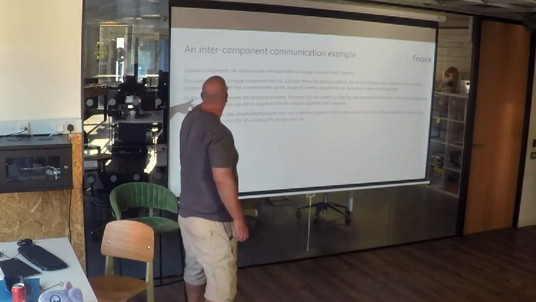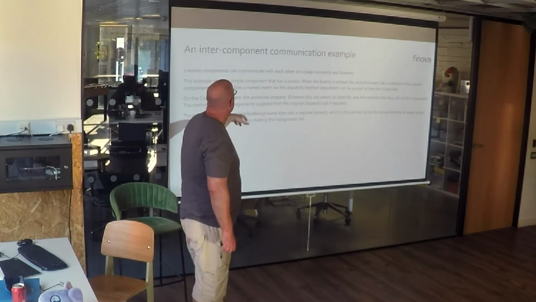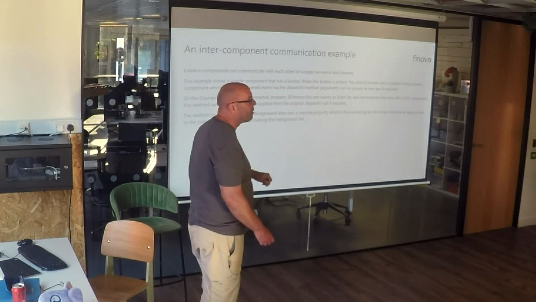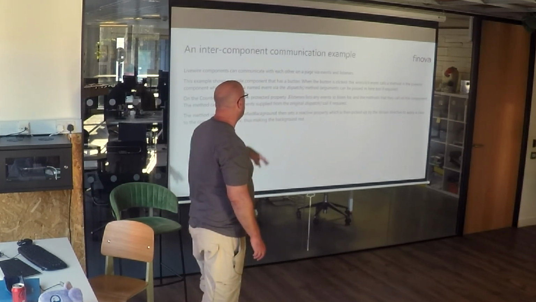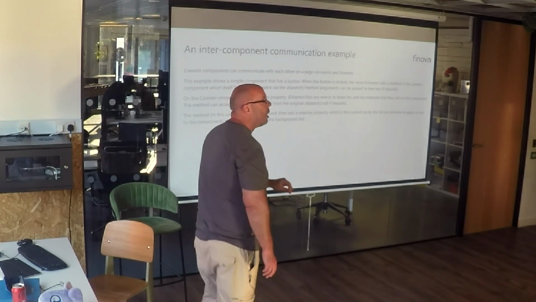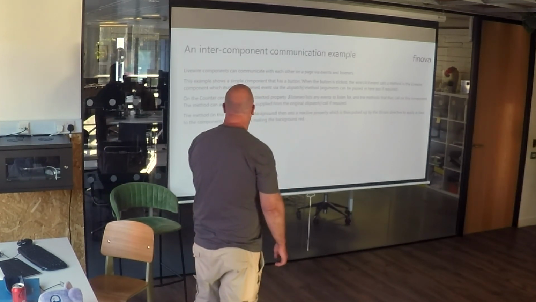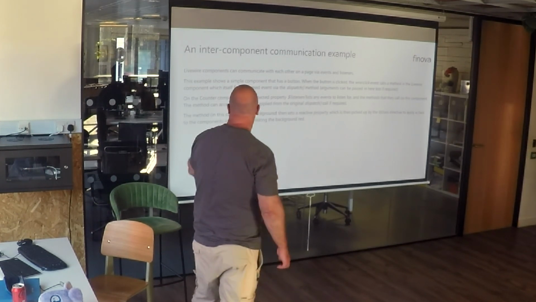So on the counter component, the one we had first, you'll have $listeners. And that looks for any events to listen for, the ones you name, and the methods that they call. So if anyone's used Vue in the past, it's very similar. Yeah, you've got an event name and a method.